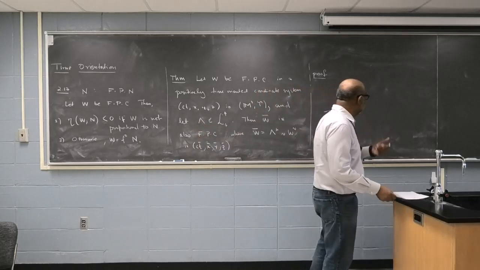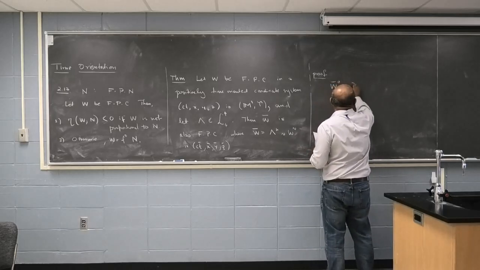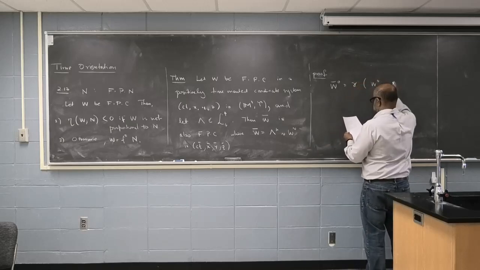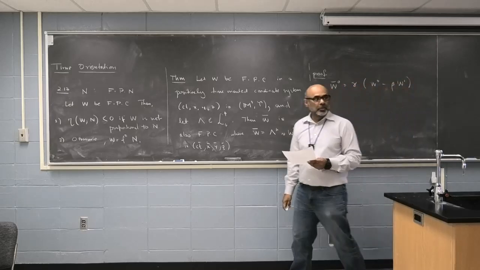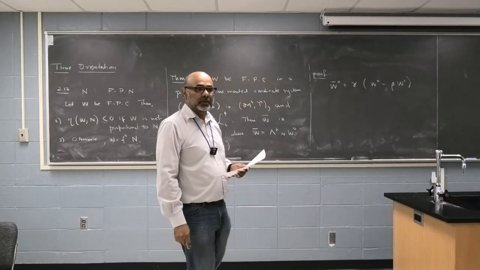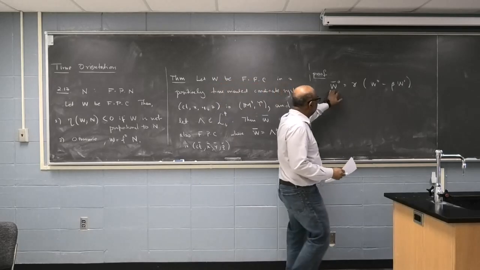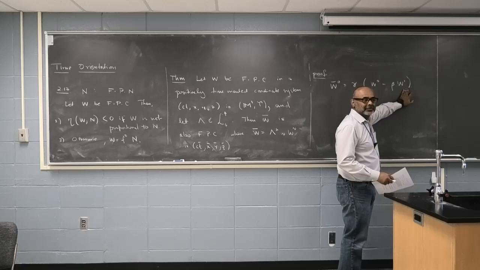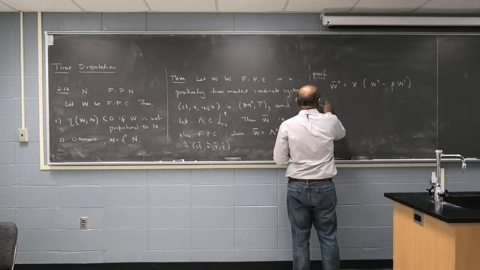And then I'm going to look at the 0 component, just like any time component of a vector. That is my 0th component of the transformed W. Yeah? See, ct bar equals gamma ct minus beta x. That's what this is coming from. Okay? But what do you know?